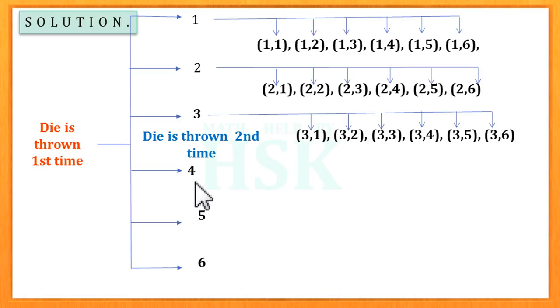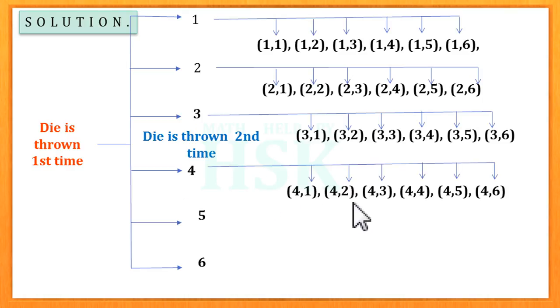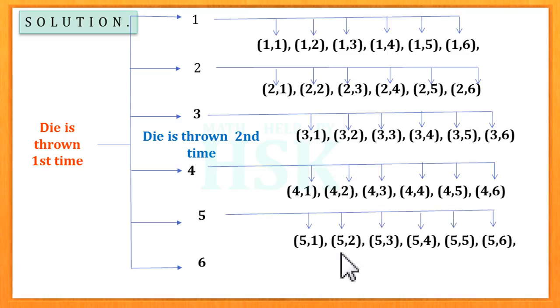If the first throw results in 4, then after the second throw we get 4 1, 4 2, 4 3, 4 4, 4 5, 4 6 as outcomes. Similarly, if the first throw results in 5, then we get 5 1, 5 2, 5 3, 5 4, 5 5, 5 6 as outcomes.